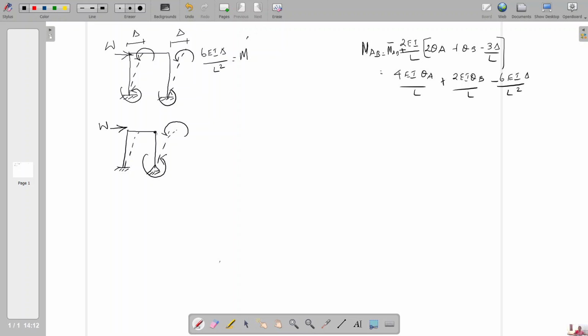If you consider this is a joint, the far end is simply supported, then the moment here is 3EI delta by L square. Here also 3EI delta by L square. This fixed end will create the same amount, that is 6EI delta by L square when the far end is fixed. This 6EI delta by L square.